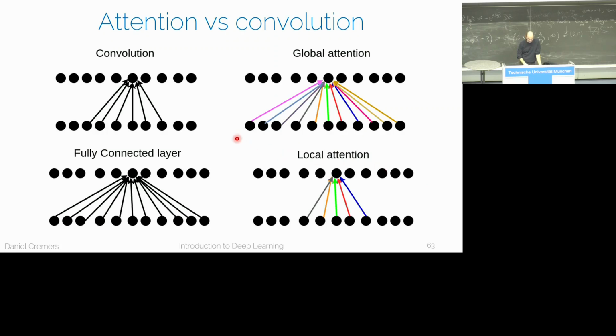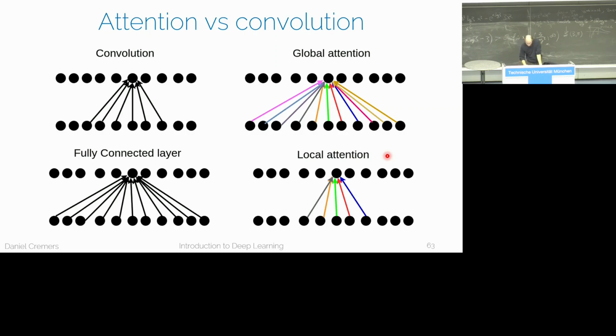So you can imagine that the bottom might be, I don't know, a sentence in German, and this is the corresponding sentence in English, and then certain words will depend very much on certain other words. But in principle, that dependency could be very long range.